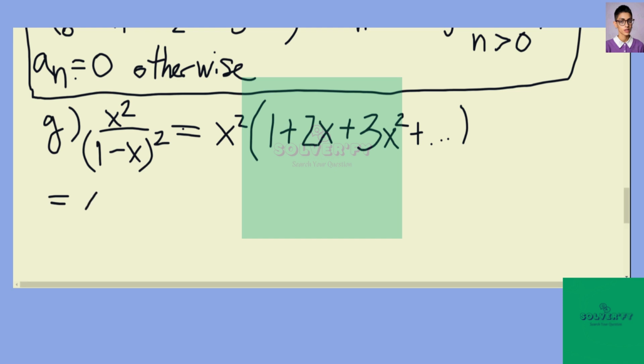So this is equal to x squared plus 2x cubed plus 3x to the fourth, and so on.